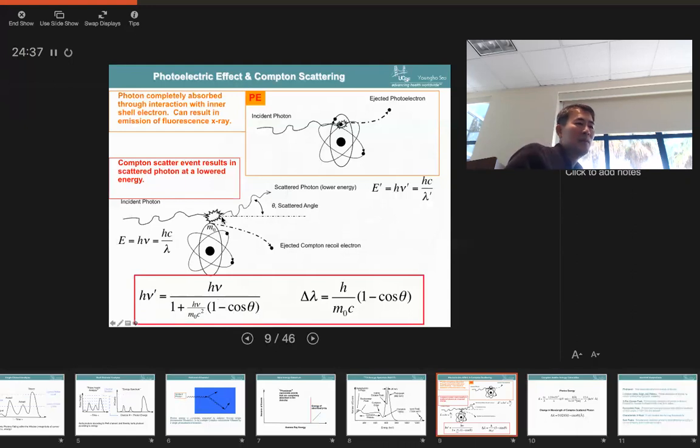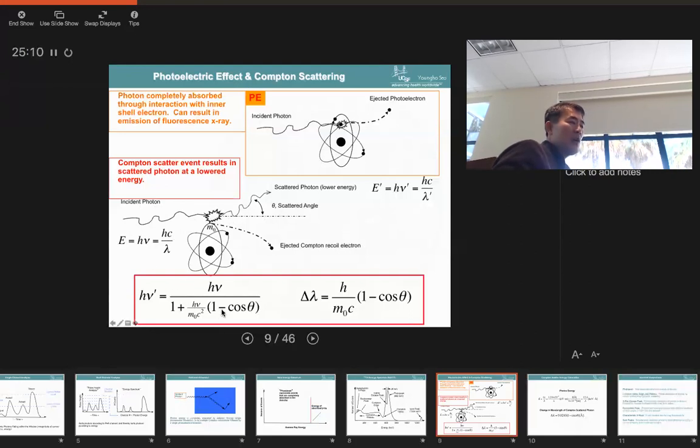Now the extreme case: how could the incident photon lose the maximum amount of energy? What kind of scattering should happen to lose the maximum amount of energy? When the incident photon makes a scatter angle of 180 degrees, a head-on collision, and then scattering happens just back this way. That's the time that it loses the maximum amount of energy from Compton scattering.